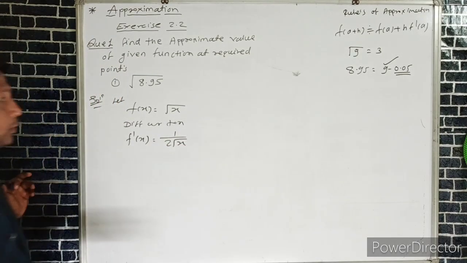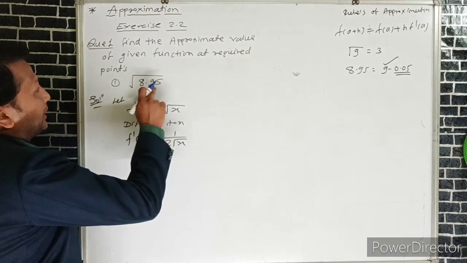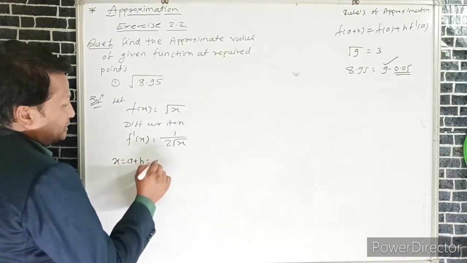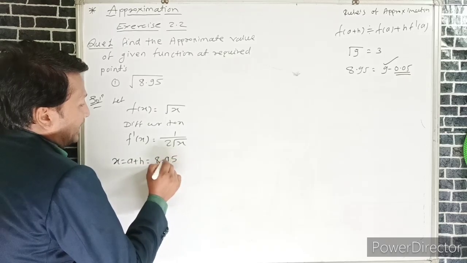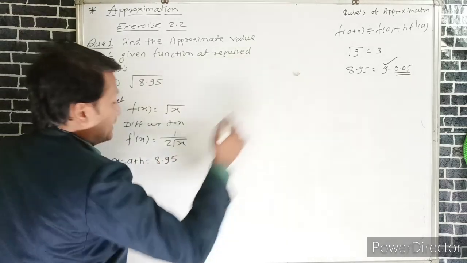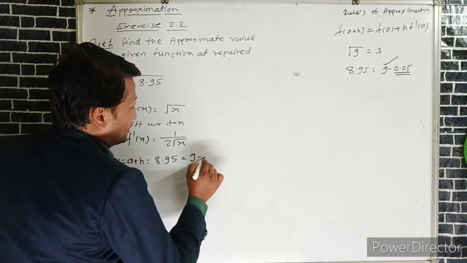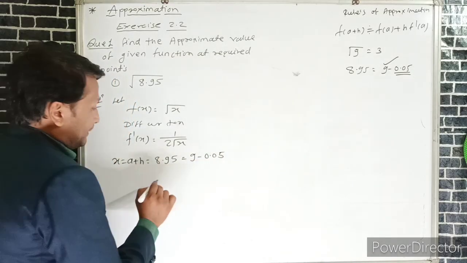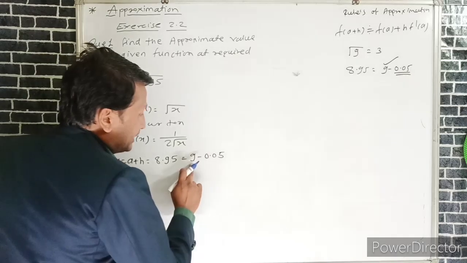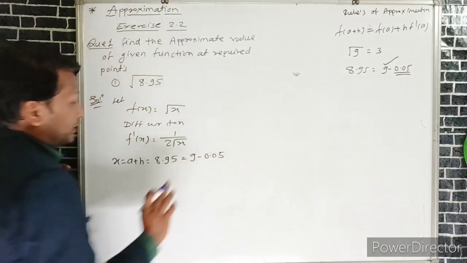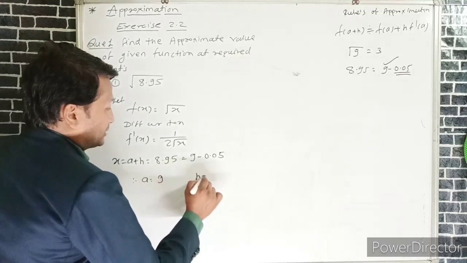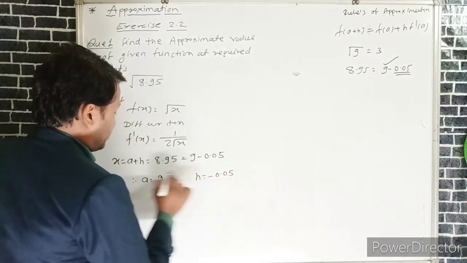So here, a plus h is 8.95, and this 8.95 we can write as 9 minus 0.05, or we can write a plus h is equal to 9 plus minus 0.05. It is clear that here a is 9 and h is minus 0.05.